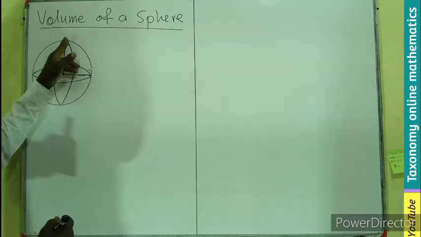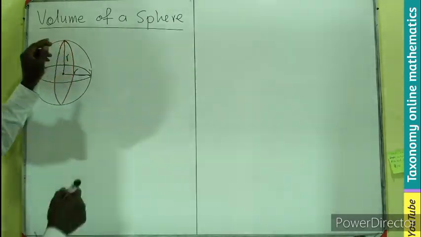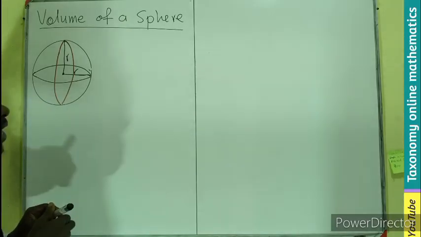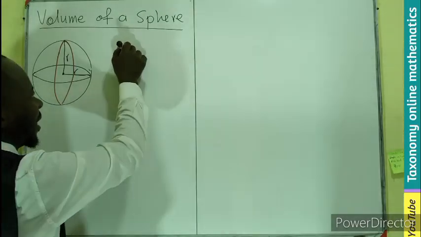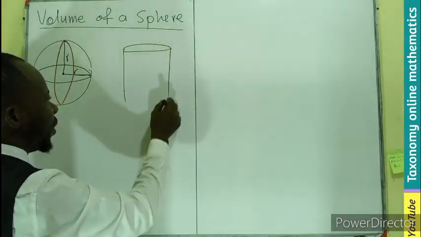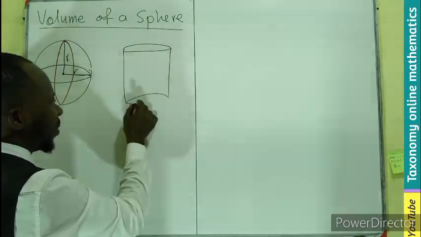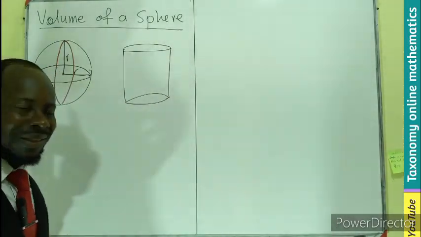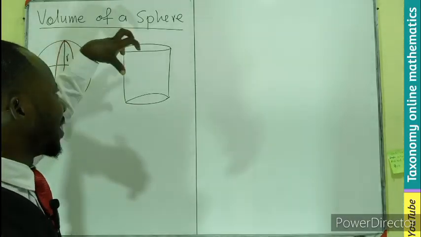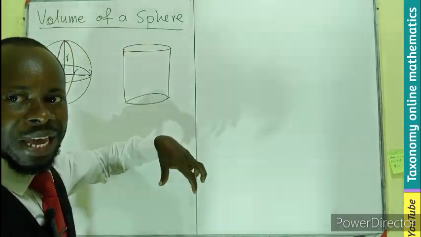So the radius is just the center part of it. Now we are going to relate that with a cylinder which has the same radius, or better still, the same diameter as that of the sphere, in such a way that the sphere can easily fit into it.